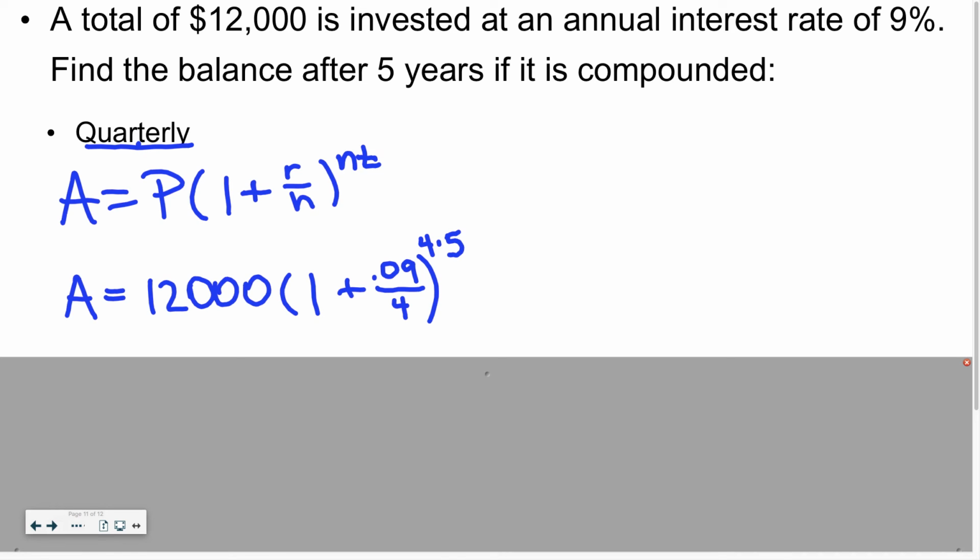You have a really nice calculator sitting in front of you. Maybe go ahead and change the exponent to 20, but type this in all at once, exactly how you see it, with your exponent 20 instead of 4 times 5. Don't try to do this all in separate steps. Plug it in exactly how you see it, and your calculator will take care of the order of operations.